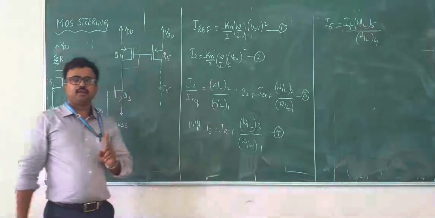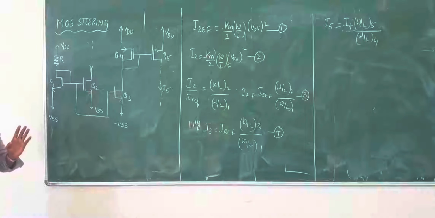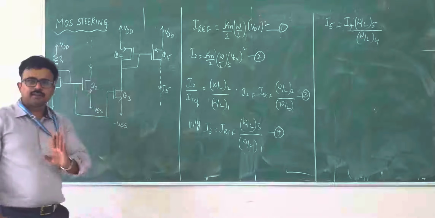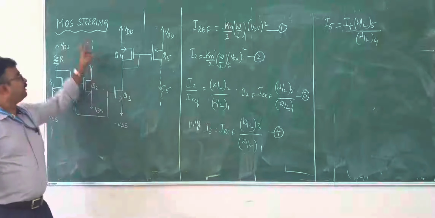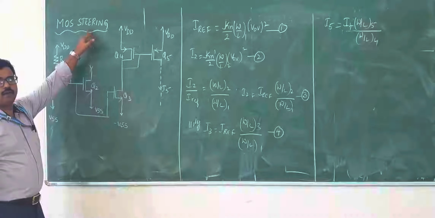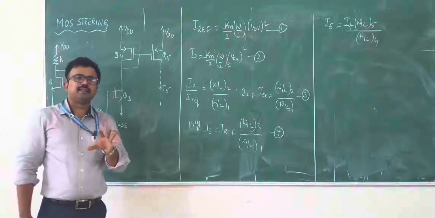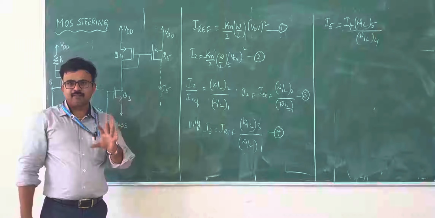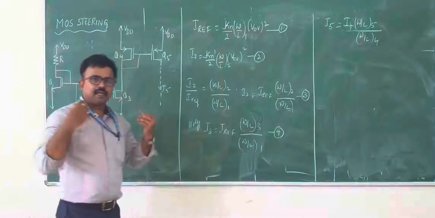In this MOS steering circuit, we are making use of the MOS current mirror. Typically, the MOS current steering circuit makes use of a MOS current source or current mirror circuit. The circuit is not fixed here. You can write any circuit.